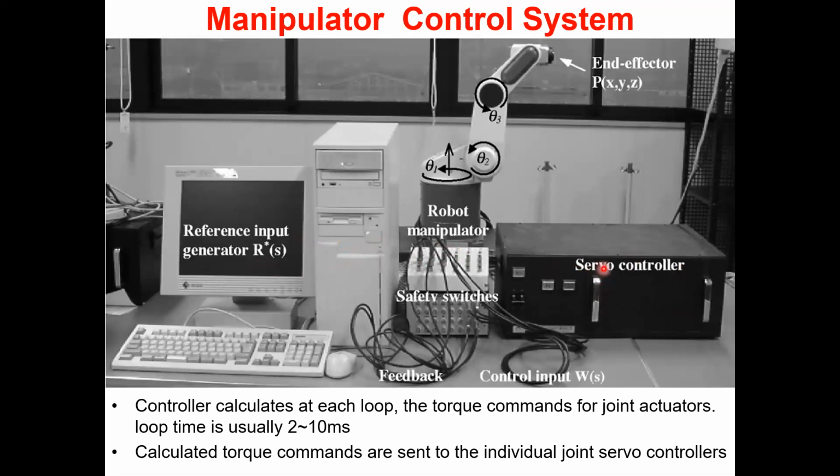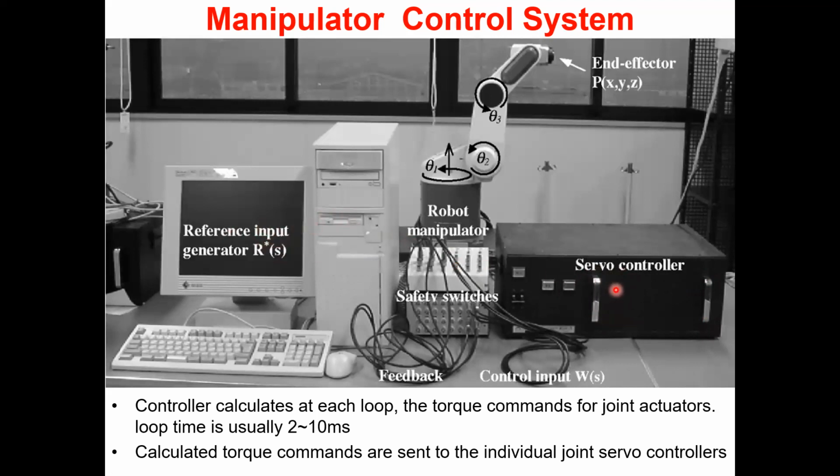The servo controller has 5 servo drives here, from here to here. These are actually the 2 handles of a door. You can actually hold these 2 handles by hand and pull it out. When you do that, you can see what is inside. It is identical 6 servo drives, 6 packs. So everyone gets a reference from the reference input generator.